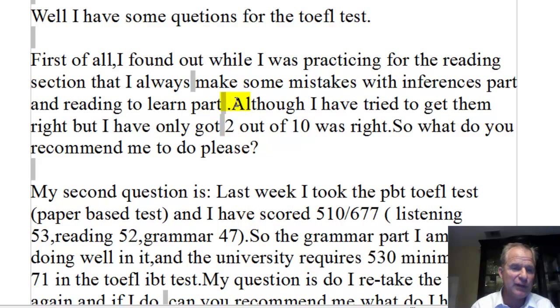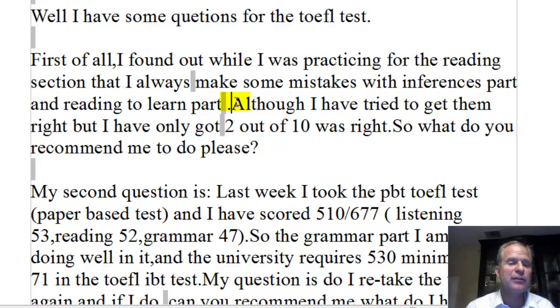Once you see that in the question, you know that's an implied detail question. Your next step is to identify some key words in the question. Then you go to the reading passage, you locate those key words, you read the sentence which uses those key words, and then you have to draw a conclusion.